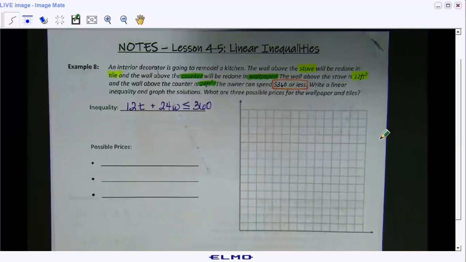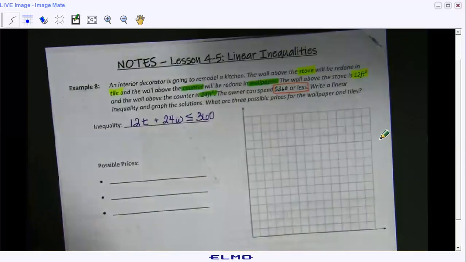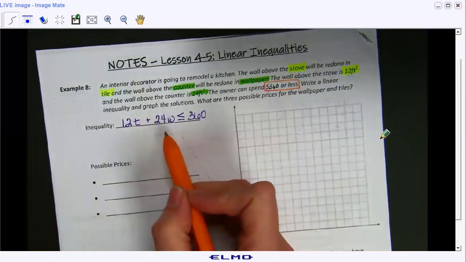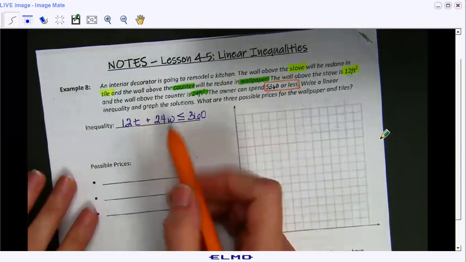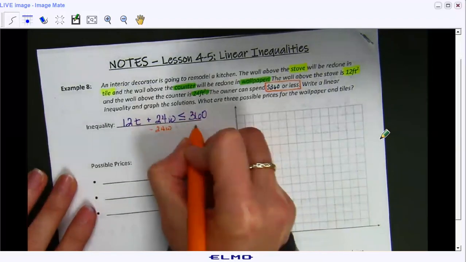All right. Now I want to graph this, and there are a couple ways that you can graph this. But we're going to turn it into slope-intercept form, and we are going to isolate the T. So if I isolate the T, what am I doing? We're subtracting 24W. So let's subtract 24W from both sides first.